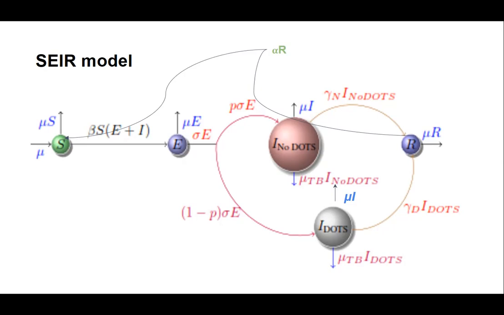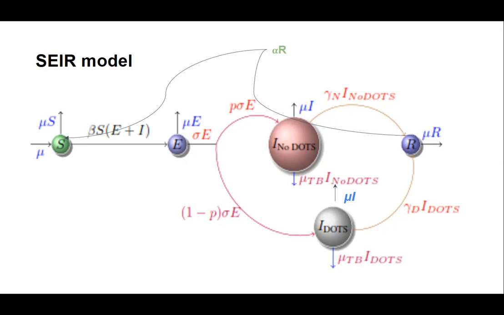People are moving out of the S compartment due to the death rate, and likewise from the exposed compartment. From the exposed compartment, we are subdividing the rate of change from the E compartment to the infectious compartment into two, because we have two compartments in the I compartment: infectious with no DOTS, and infectious on DOTS treatment.